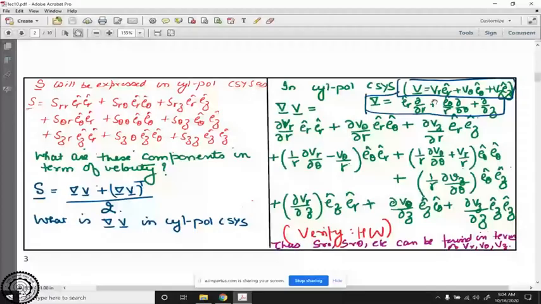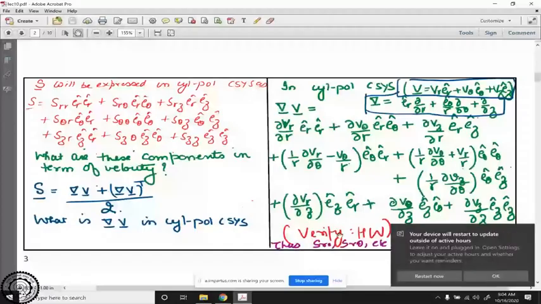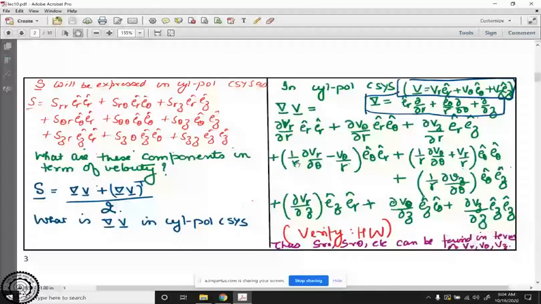You write V as VR ER plus V theta E theta plus VZ EZ, and del as what I have written here. Again, problem number 4 of tutorial set 1. Then you use these two definitions and you simplify. It will take quite a number of steps to simplify it, but eventually you should be able to express this del V in this fashion.